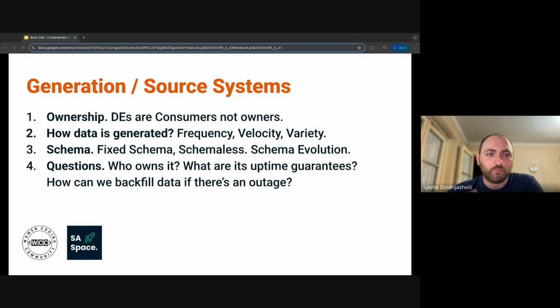We know which columns these tables include and what data types they have. But we may also have schemaless or semi-structured sources, like JSON from different APIs. These schemaless sources offer flexibility, but push the work of parsing and validation downstream to the data engineers.